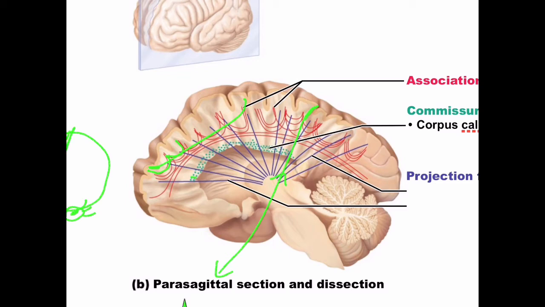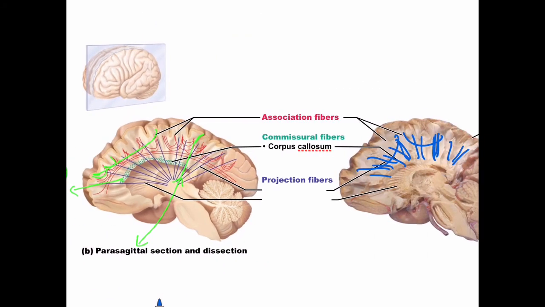So these green ones are talking sideways, if that makes sense, between the hemispheres, like they're lateral. The ones moving between areas more locally are association fibers.